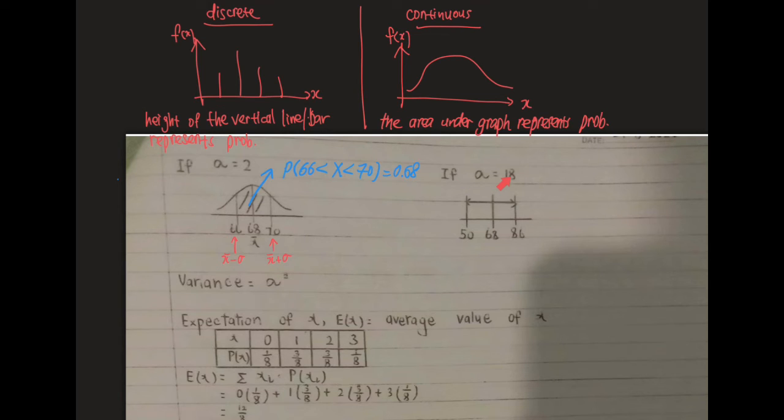Let's say in this situation, which is about the marks of mathematics. If most of the students in the class score marks which are very close to 68, let's say most of them score like 68, 69, 67, 70, 60, 66, most of them score marks around here, then the standard deviation will be very small.